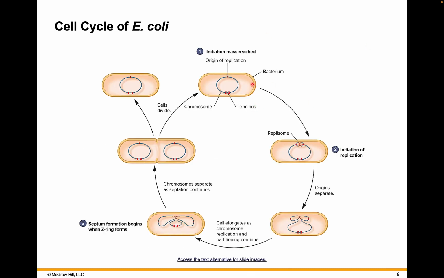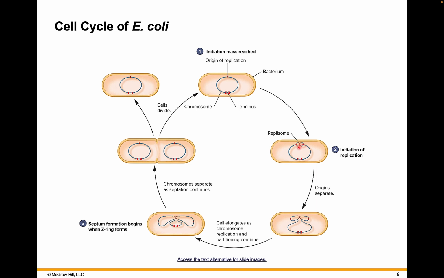So how does it happen? Here you can see the origin of replication, and this is the terminus. This is the replisome, made of all the different proteins which are localized at the origin. Now you can see that the replication machinery is moving.